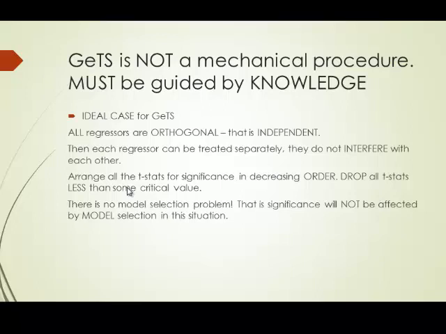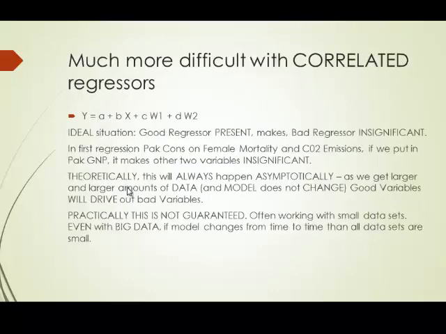Because if you start searching, then it creates a lot of statistical problems. So the ideal case is when all the regressors are orthogonal, then every regressor gets a t-statistic, and the GETS procedure just says to select a critical value and drop everything which has a t value below the critical value and keep everything which has a t value above the critical value. And that gets you your final model in one step. That is very, very important about the ideal case.